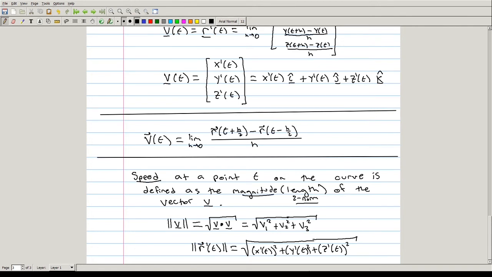But this is how we go through and calculate the speed function at any given point along the curve. You can think of it as the instantaneous speed at a given point on the curve that's in the tangential direction, or along the vector v.